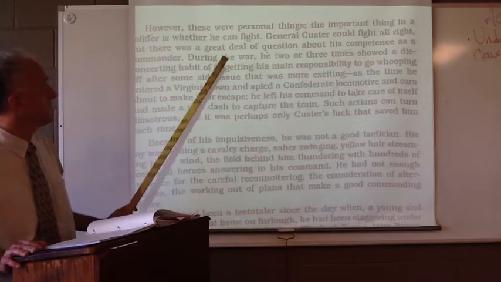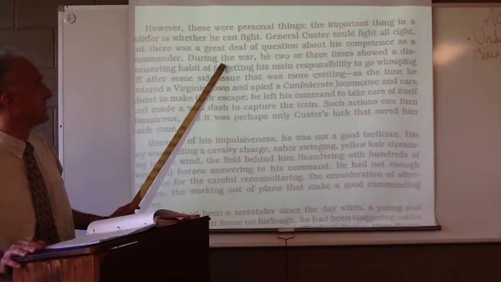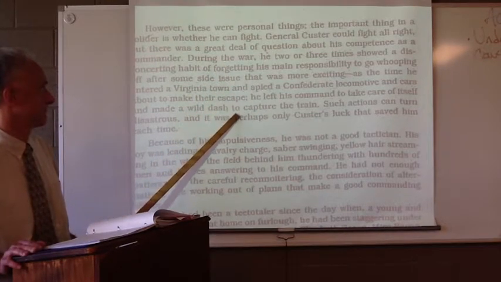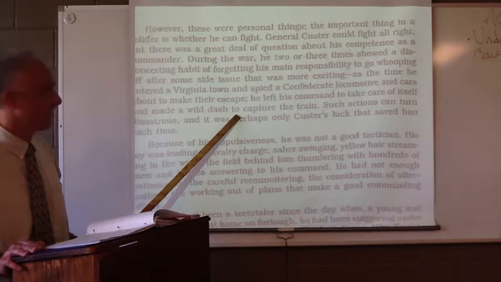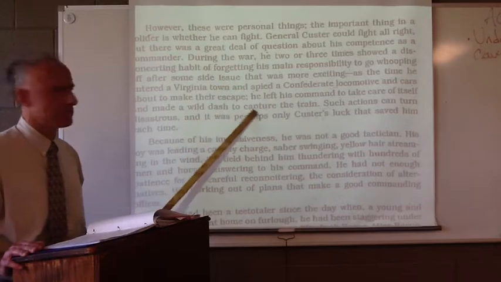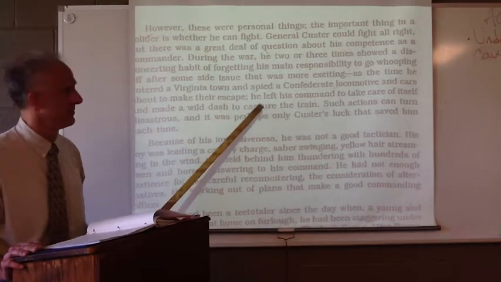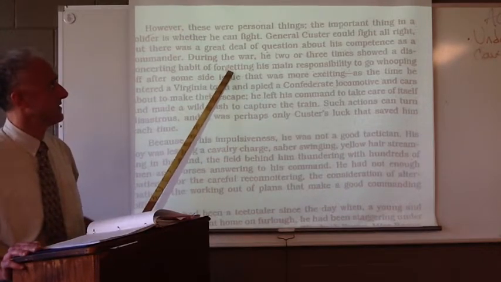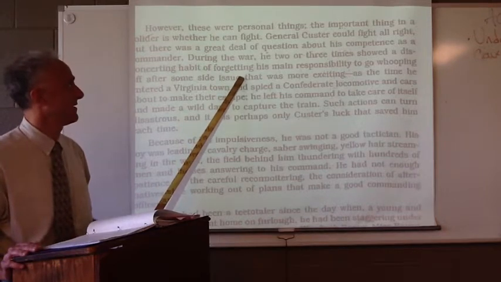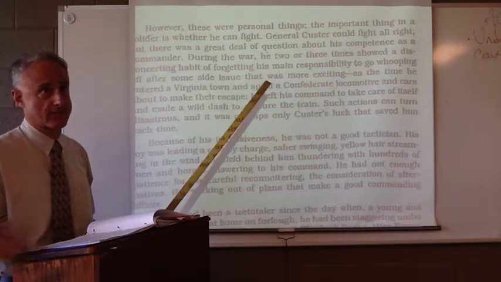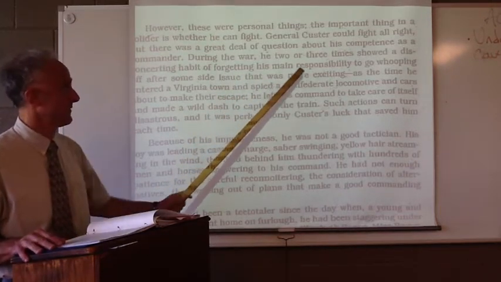During the war, so we do have a long sentence right here. It is about 6 lines long. Why so long? What's it about? It's about his going off track, like going on a little jag, off of his main responsibility.